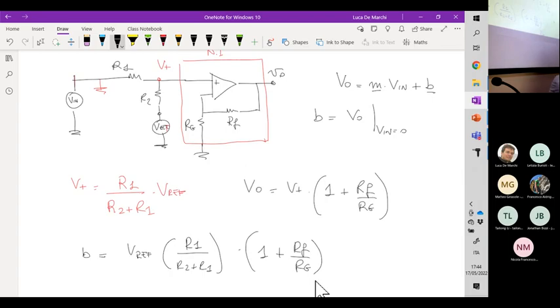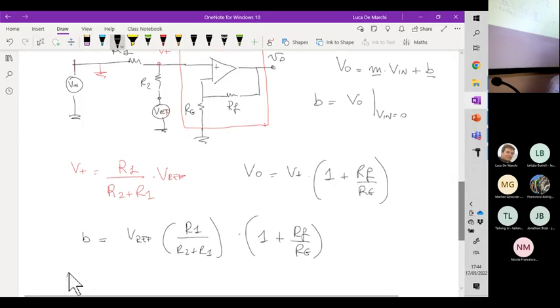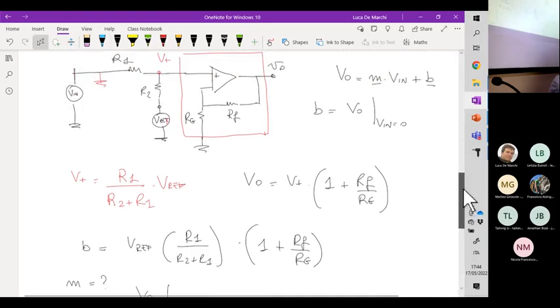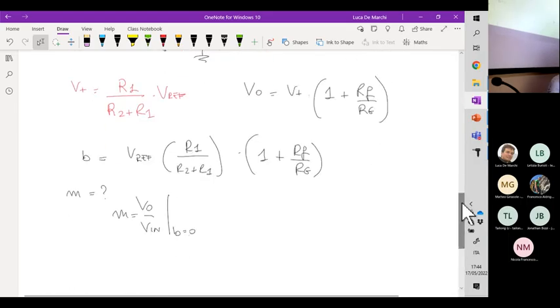How can we set the value of M? Well, M is V out over V input when B is equal to 0. When B is equal to 0, V out over V in is equal to M. How can we null B?